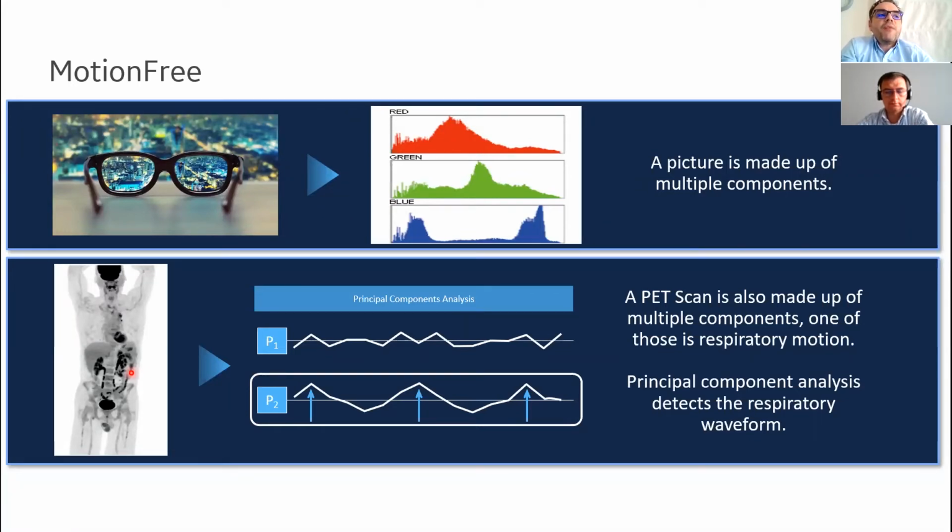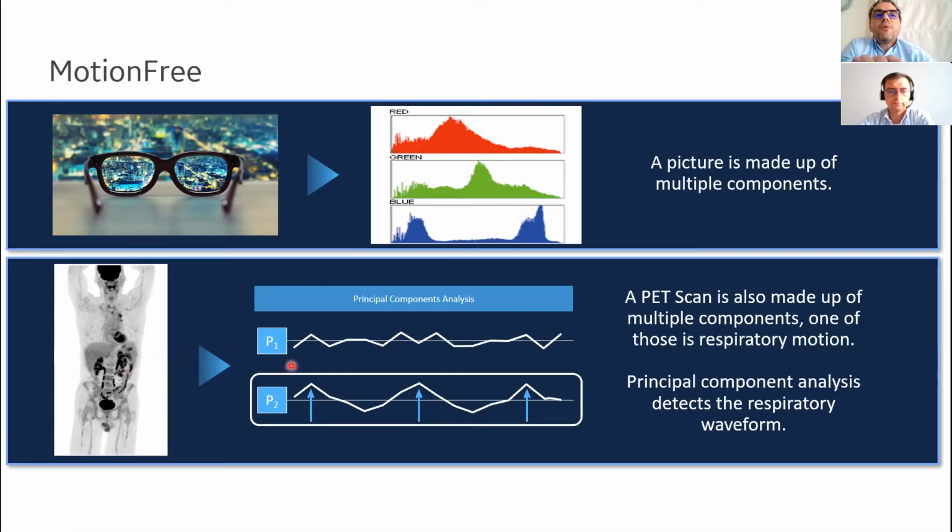This movement of data is the respiratory component of the PCA, and the PCA aims to detect, to spot and detach from a motion affected image. By identifying the principal components, we are in the position to assess and estimate the impact of the respiration in the image.